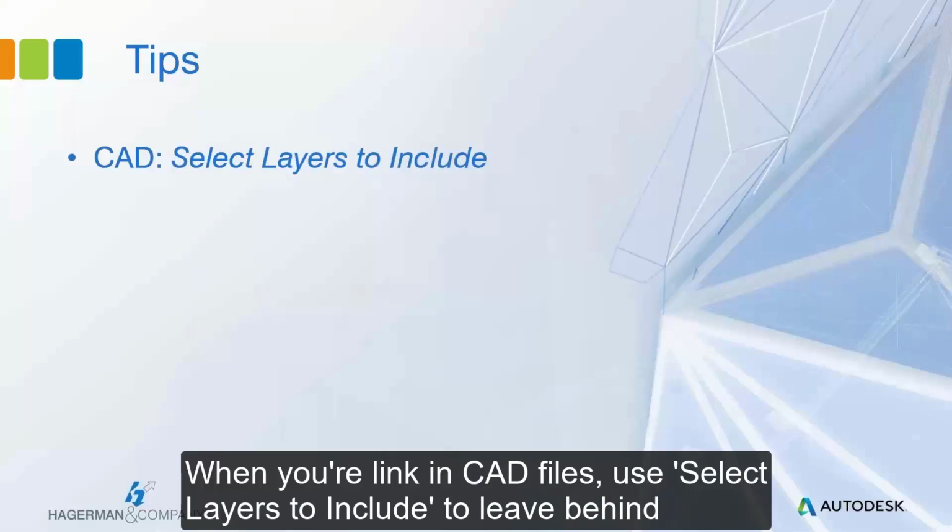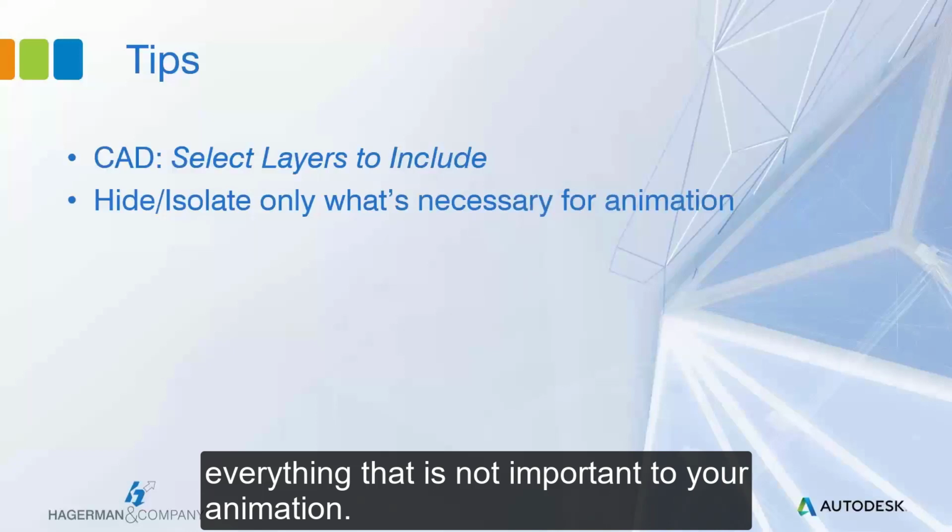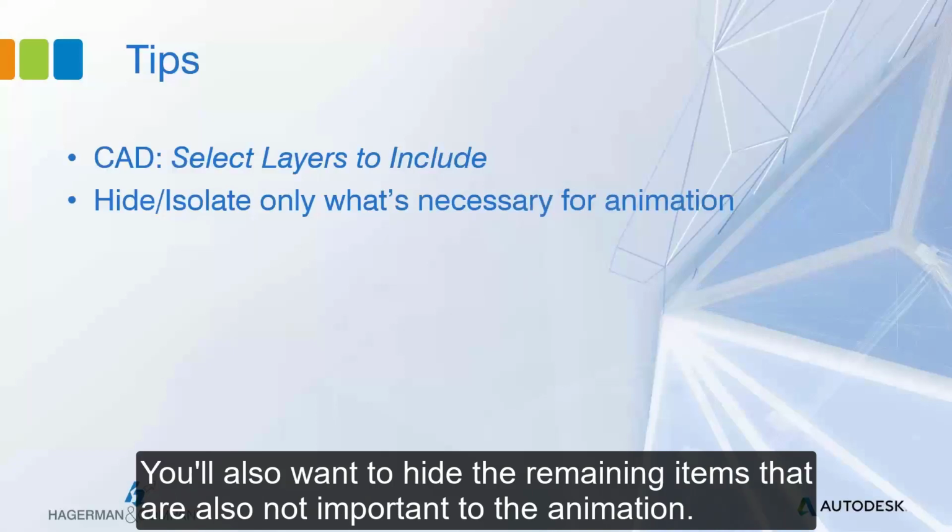So when you're linking your CAD files, just remember to use the select layers to include, so you can leave behind everything that is not important to your animation. You also want to hide everything else that doesn't need to be part of the animation.